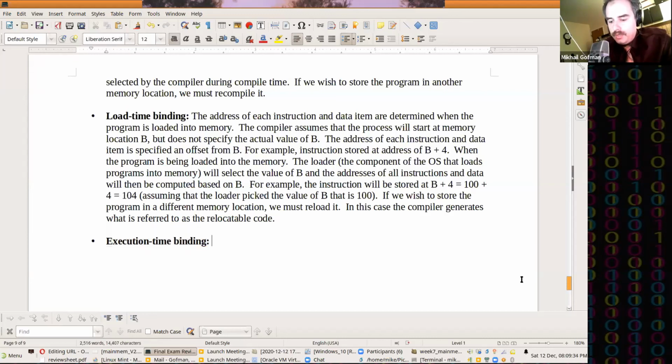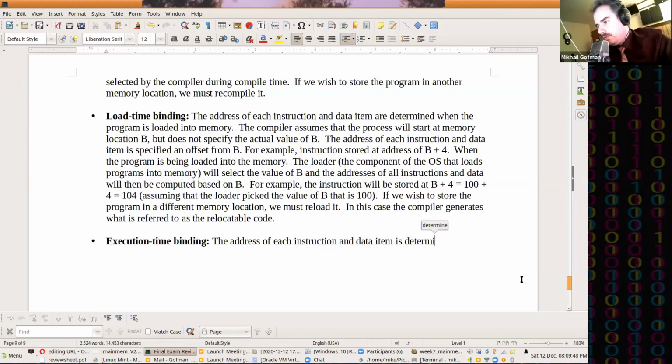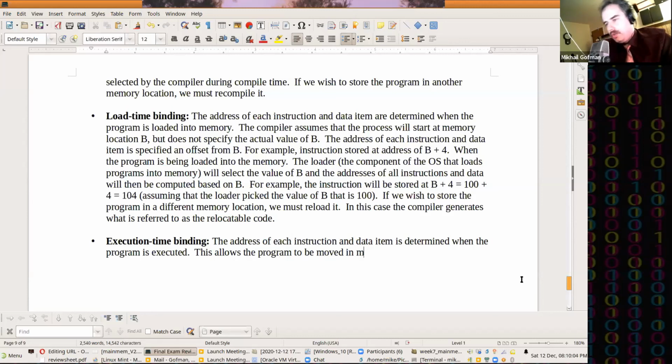So in execution time binding, the address of each instruction and data item is determined when the program is executed. So this allows the program to be moved, to change its memory location during runtime.